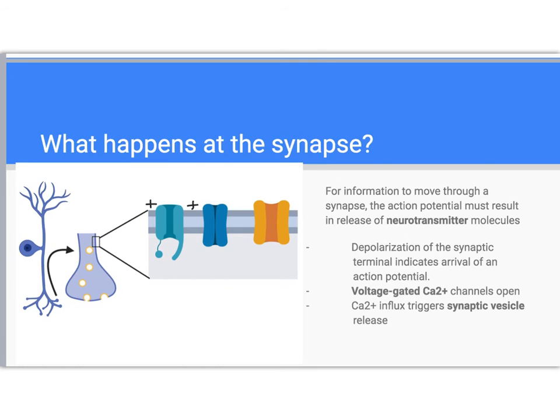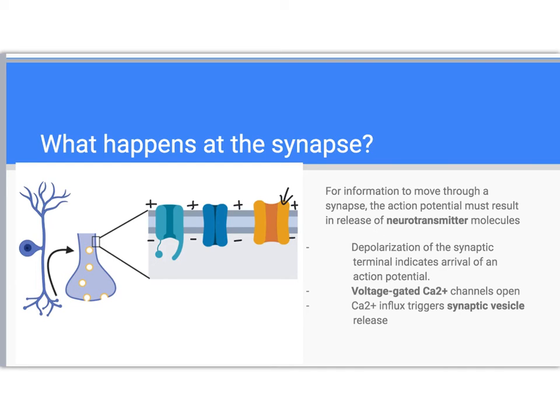At the synapse, a change needs to take place from the movement of information as an electrical signal to movement of information as a chemical signal, namely the release of neurotransmitter. This takes place due to the presence of voltage-gated calcium channels that exist very specifically at the synaptic terminus.